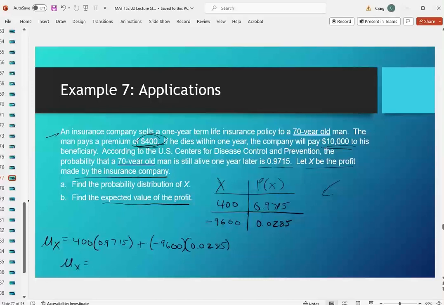What do they expect to make in terms of their profit? Well, 400 times 0.9715 is 388.6, minus 9,600 times 0.0285, which is 273.6. So 388.6 minus 273.6.